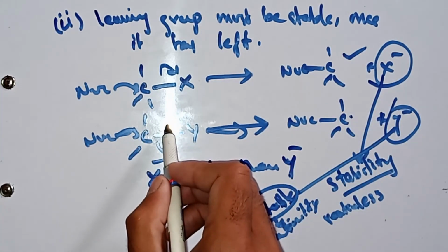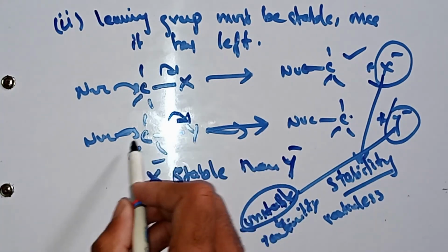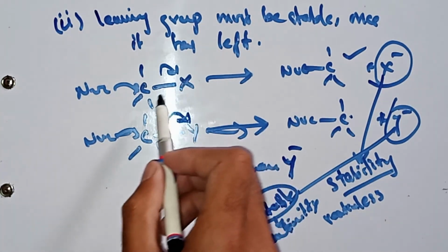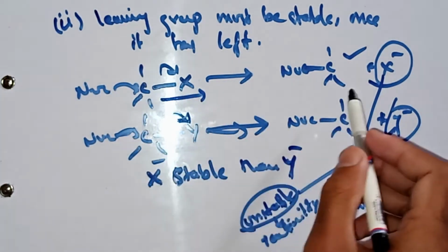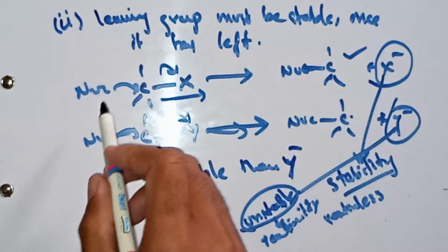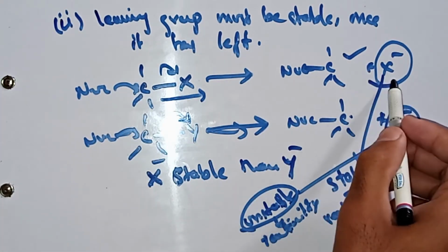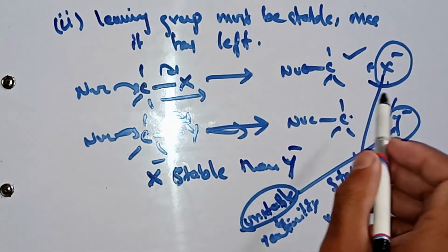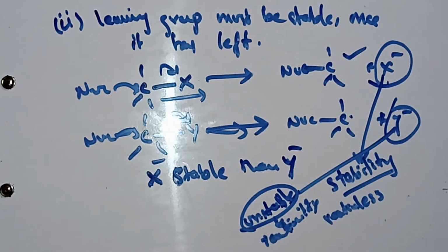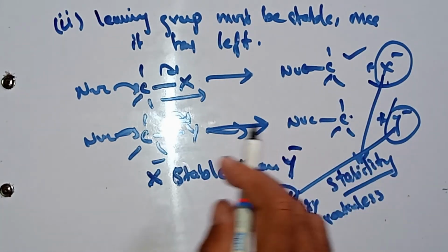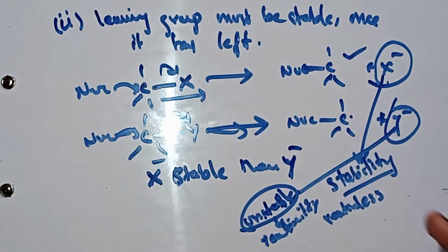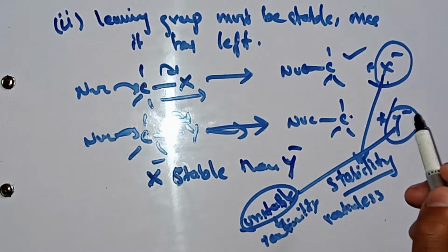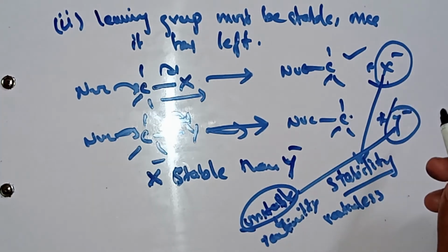So it cannot leave the system easily, as compared to X, which can easily leave because by itself it is more stable and shows less reactivity. So a good leaving group will show a good SN2 reaction, and is stable after the reaction.